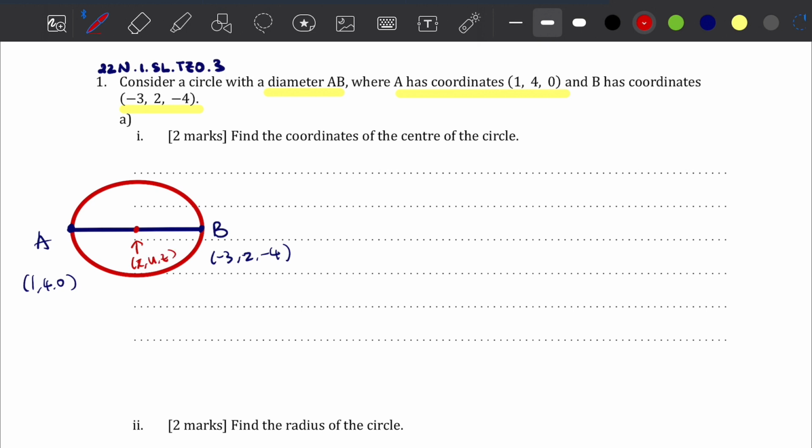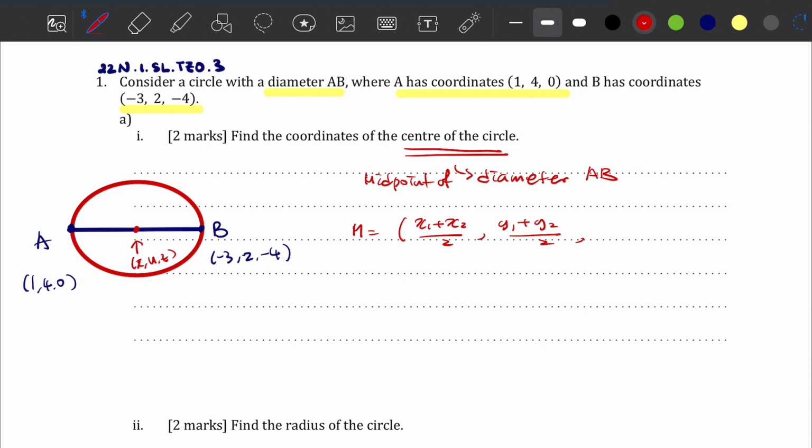Since we know that the center of the circle is the midpoint of the diameter AB, we are going to use the midpoint formula, which is M equals (x1 plus x2) divided by 2, (y1 plus y2) divided by 2, (z1 plus z2) divided by 2.